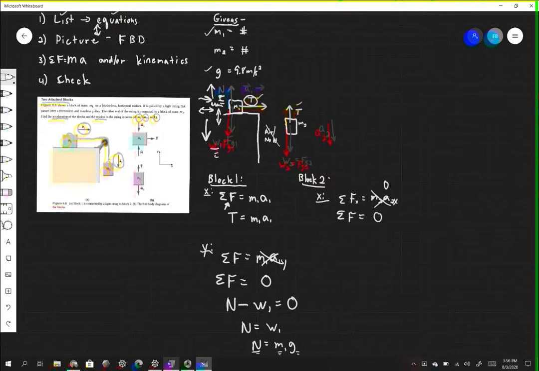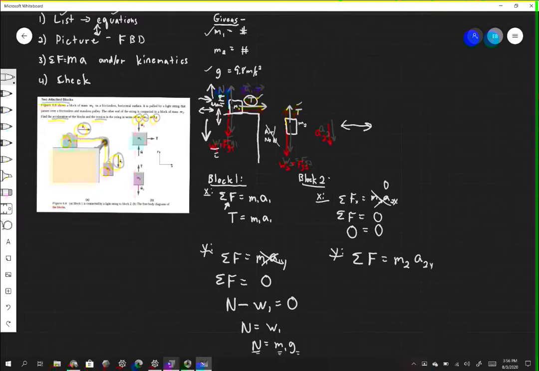And if I look at this block 2 going side to side, there's nothing going on. So there's 0 forces, and I just proved 0 is equal to 0. Good for me. Now I move on to the y direction. In the y direction, again, Newton's second law, sum of forces, is equal to the mass of block 2 times the acceleration of block 2 entirely in the y direction.